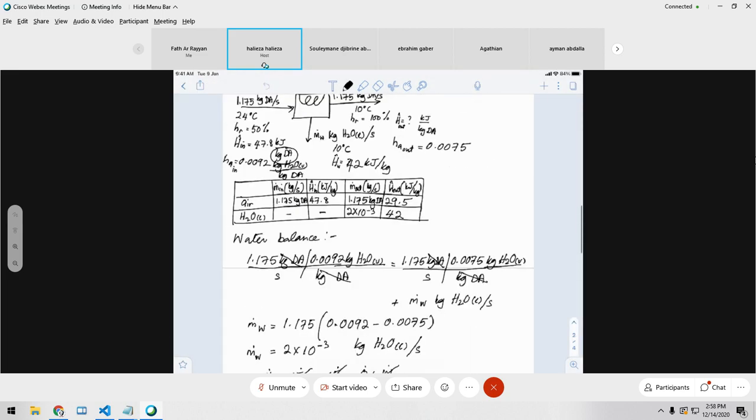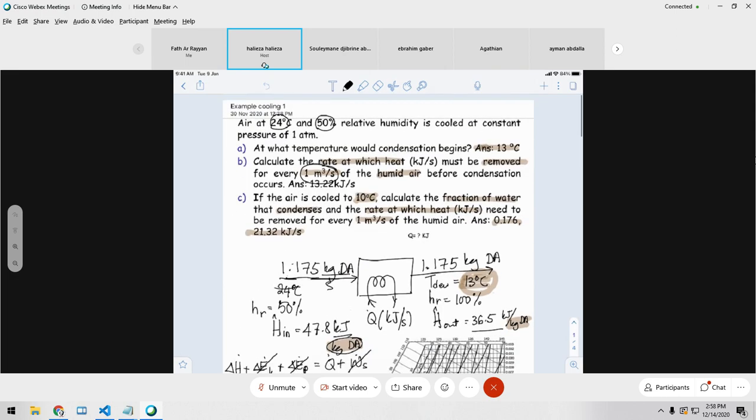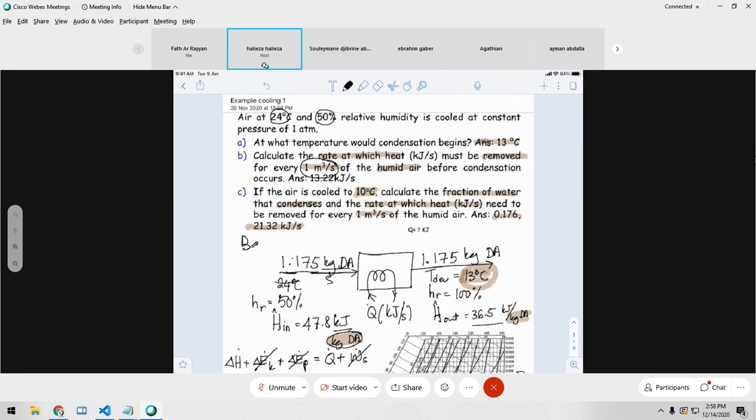For this example, write down your basis. What is your basis? You can use a basis of 1 cubic meter per second of humid air. You can write A or humid air, it doesn't matter. Remember the basis and your reference state.